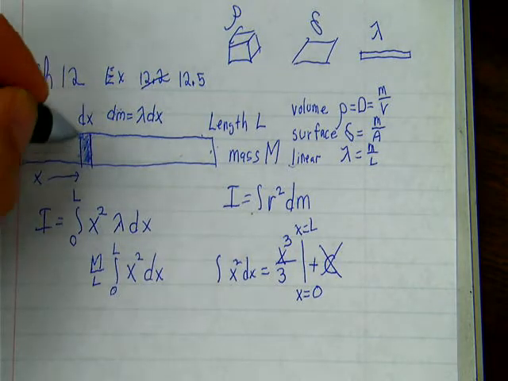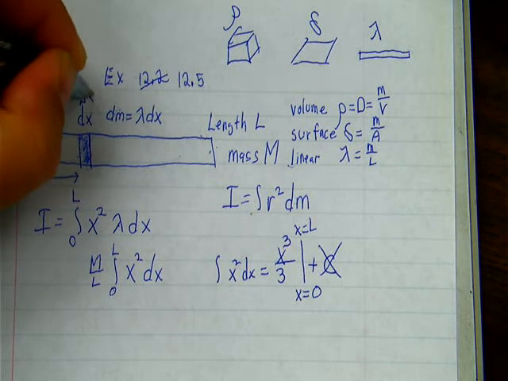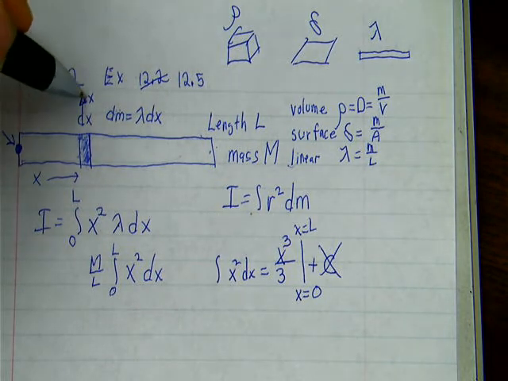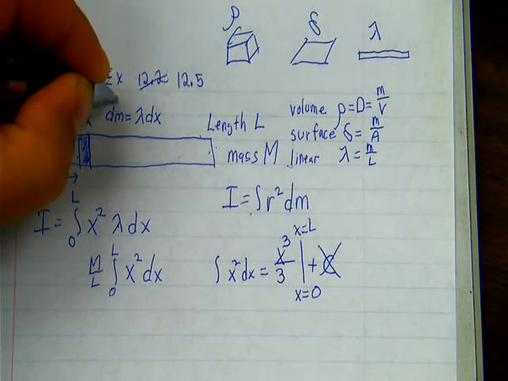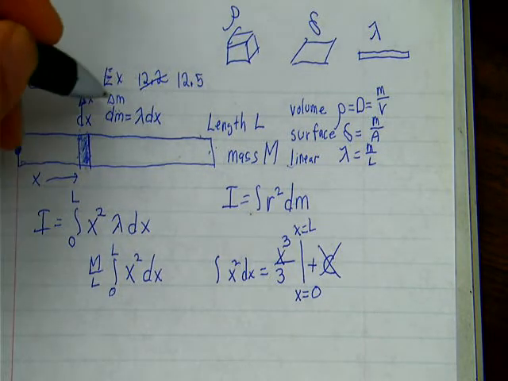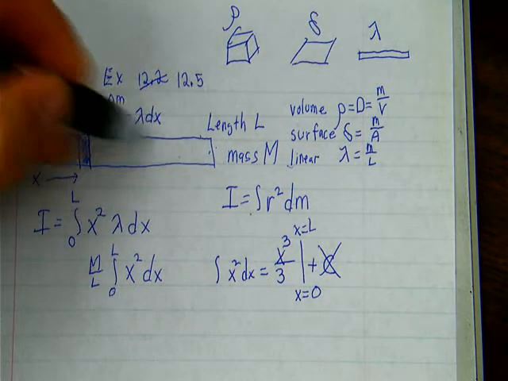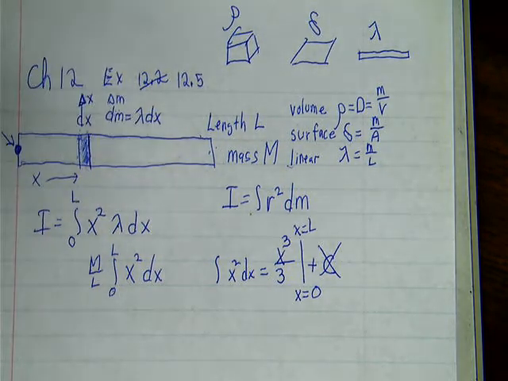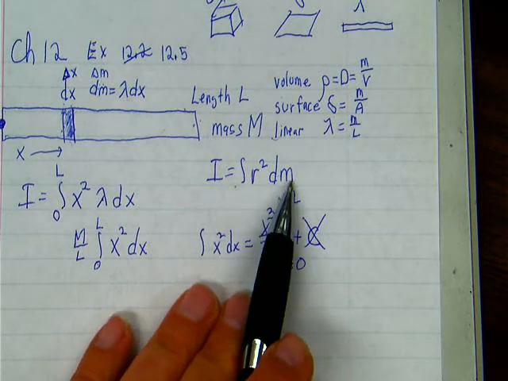If I do a little tiny width of delta x, which in pre-calculus would be delta with a triangle still, that would contain a little amount of mass, a little mass out of the total. Little width out of the total, little mass out of the total, related by the density formula. Great. So we replace the integral of r squared dm.